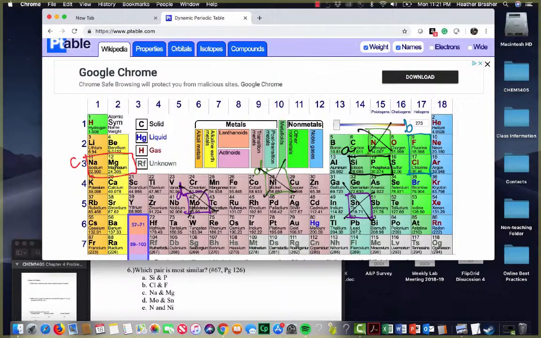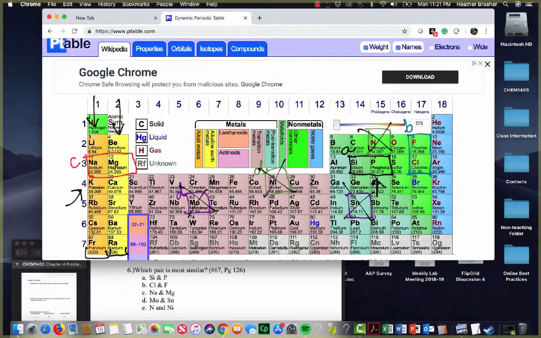If you look at this, for instance, this is the easiest one to tell versus this one over here. You can already see that when we look down, these are our groups. We have a group of alkali metals, and then we have the alkaline earth metals. We classify them that way because the elements in these groups that go down are similar.